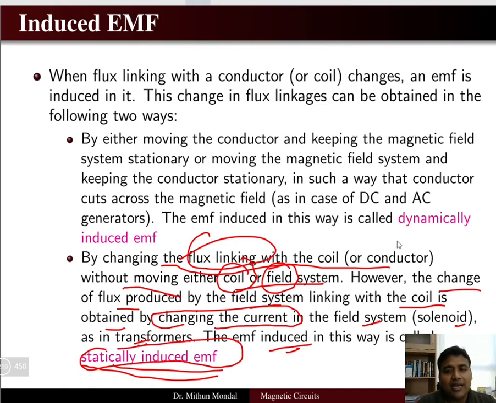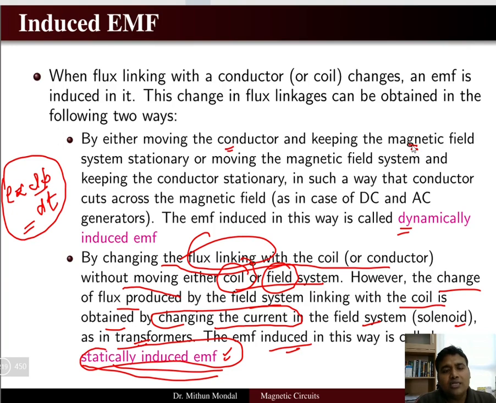So you have seen the dynamically induced EMF, and the other induced EMF is statically induced EMF. Both ways you are trying to produce an EMF which is proportional to the rate of change of flux. Now this d phi by dt can be produced either by moving the conductor or the magnetic field. If one is moving and the other is constant, then it is known as dynamically induced EMF. This is the governing principle for DC generators and AC generators.